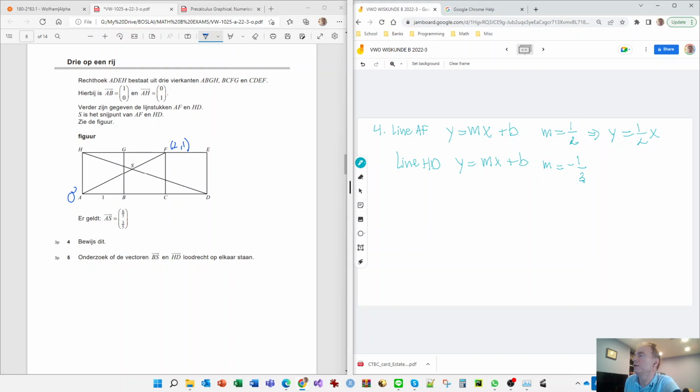And we have that point H has to be on it, so H on the line means 1 has to be equal to minus 1/3 x plus b, with x in point H being 0, so it's actually times 0.